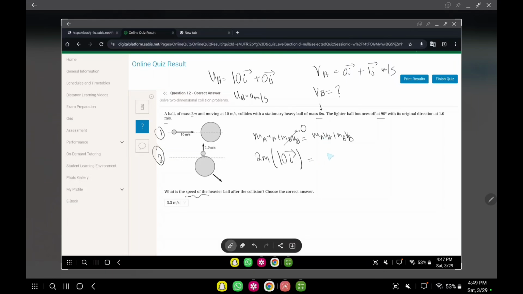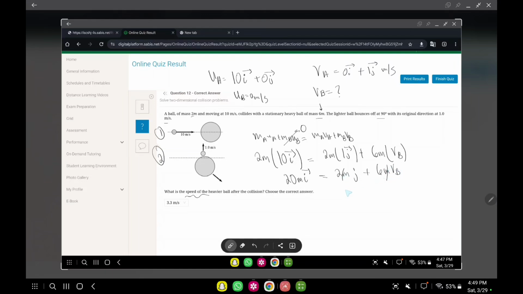Equals mass of A, 2m, v_A, which is 1j, plus m_B, which is 6m, v_B, we don't know it. 2 times 10 is 20, so 20mi equals 2mj plus 6m v_B.